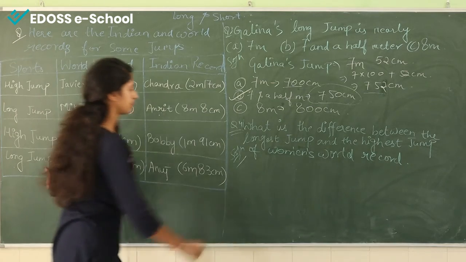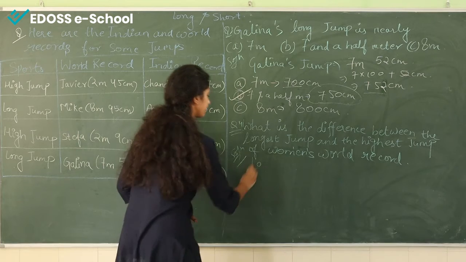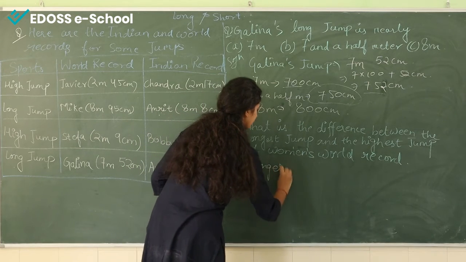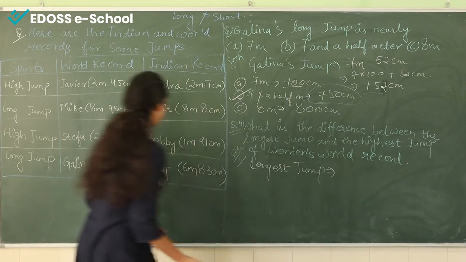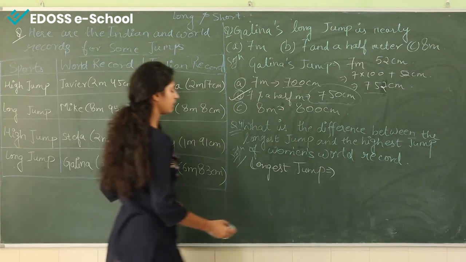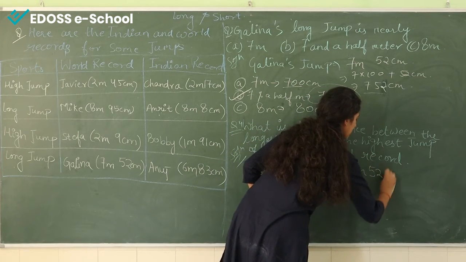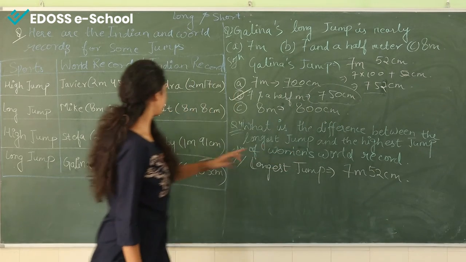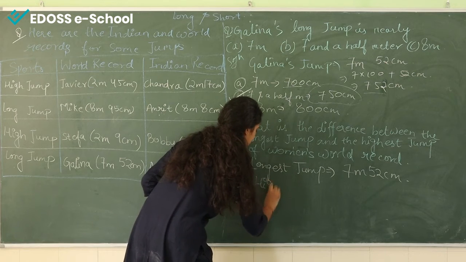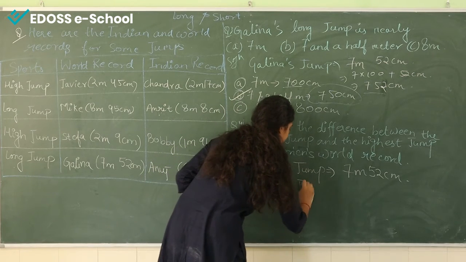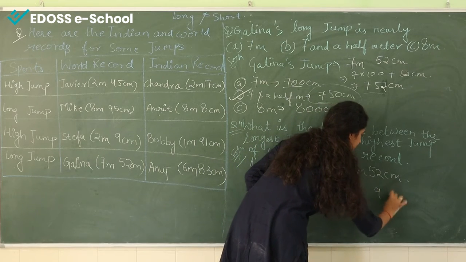Longest jump is of Galina, that is 7 meter 52 centimeters, and highest jump is by Stefka, that is 2 meter 9 centimeter.